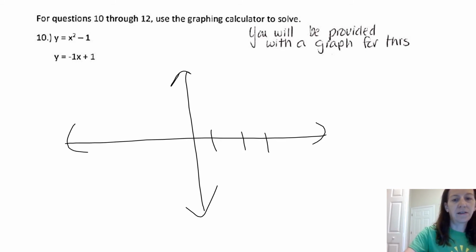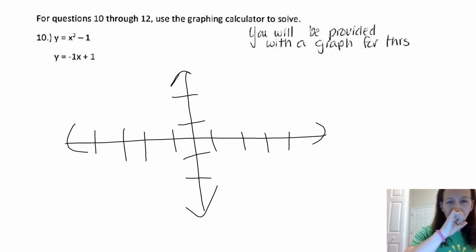Let's see if I can do this fairly well. Okay, bear in mind I am hand drawing this and it's a bit of a mess, but 2, 4. I don't know. We'll do this.